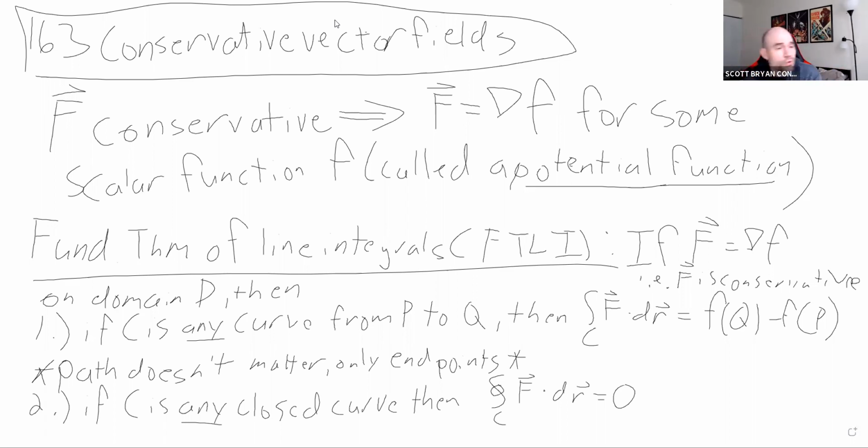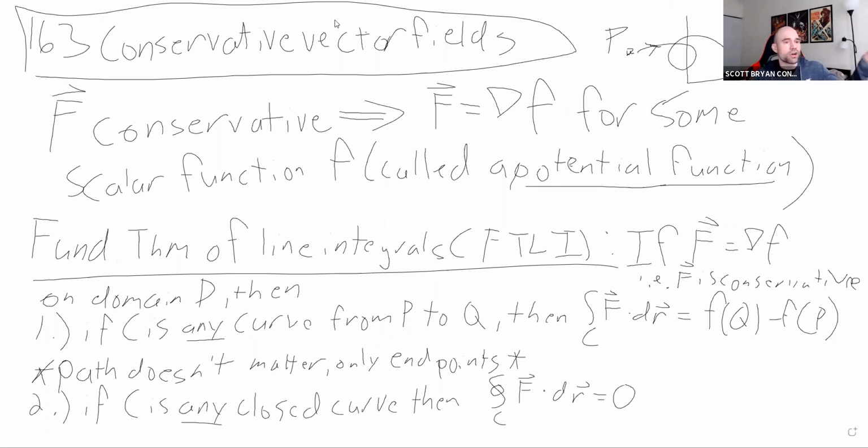So by endpoints, I mean, right, say here's P and here's Q. So suppose we're integrating along some curve in R2 or R3, depending on the setting.